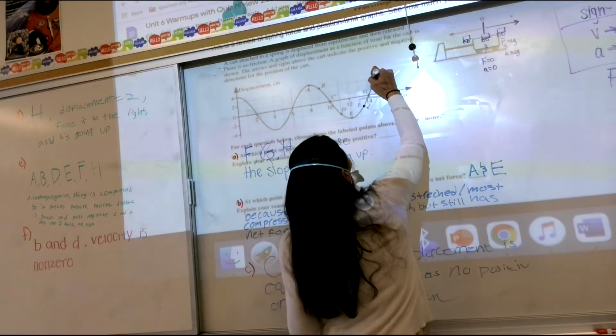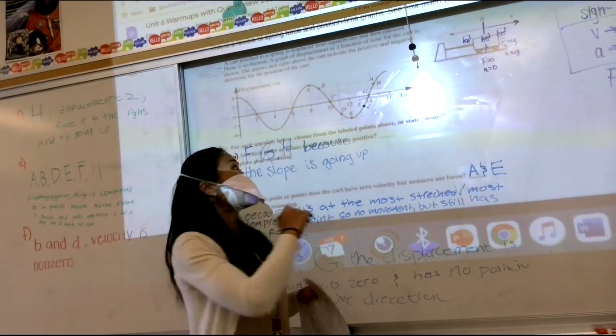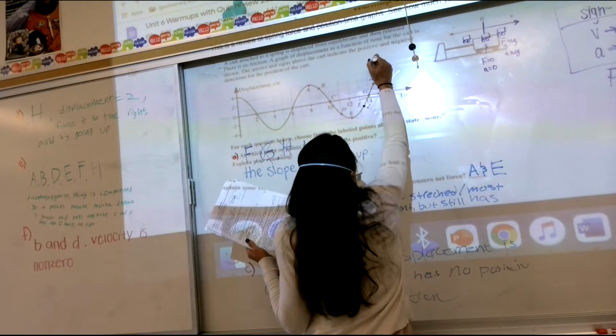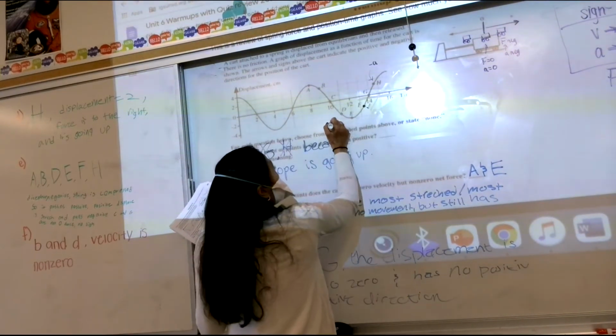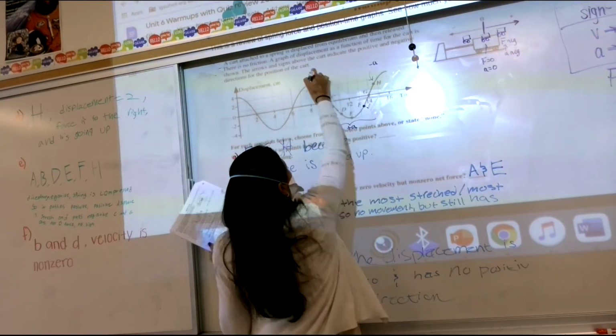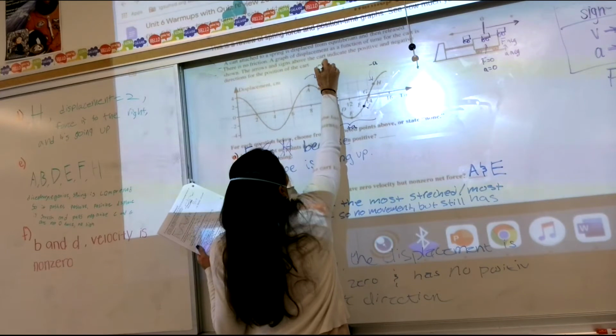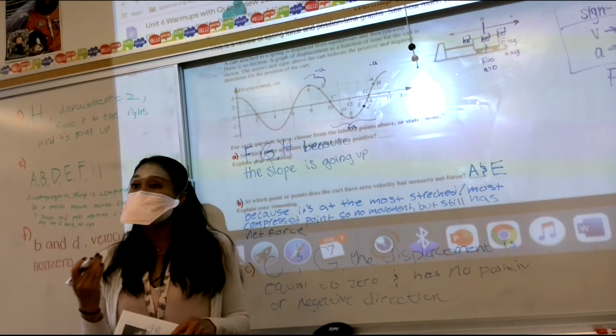We now know that anything above the line, the equilibrium line, is going to have a negative acceleration. Anything below the line is going to have a positive acceleration. And then same up here, negative acceleration. It's based on the position.